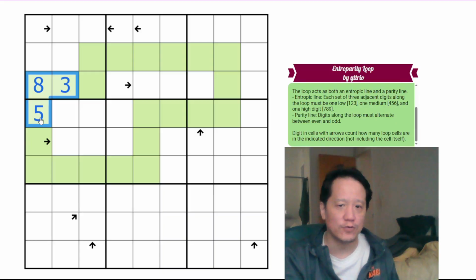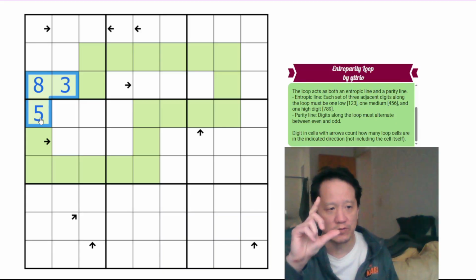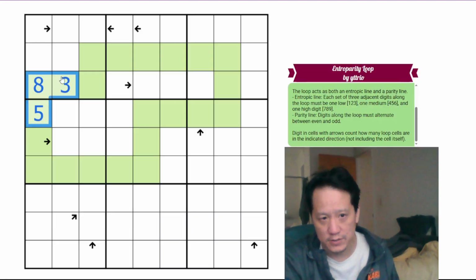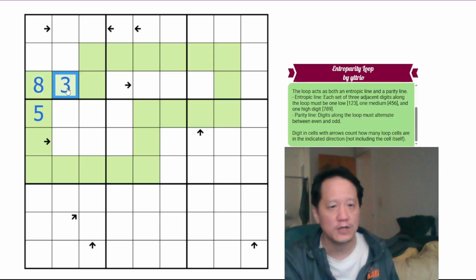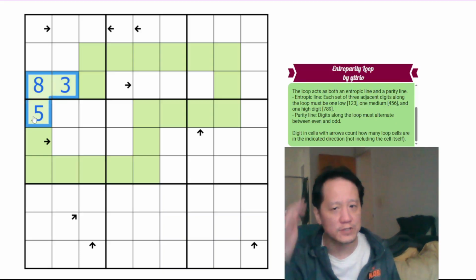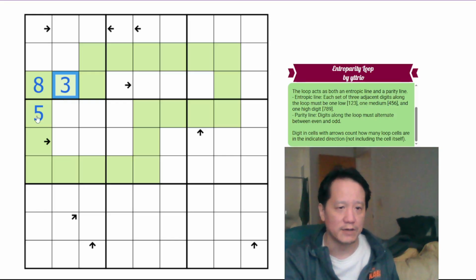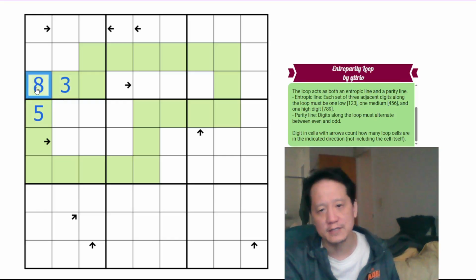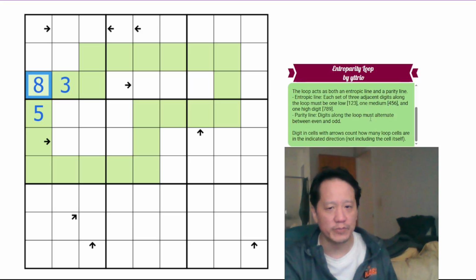For the parity line, every 2 cells you have 1 odd and 1 even. So these 2 cells, 3 is odd, 8 is even. These 2 cells, 8 is even, 5 is odd. For these 3 cells as a whole, 3 is low, 5 is medium, and 8 is high. So that's an example of how entropic and parity lines work.